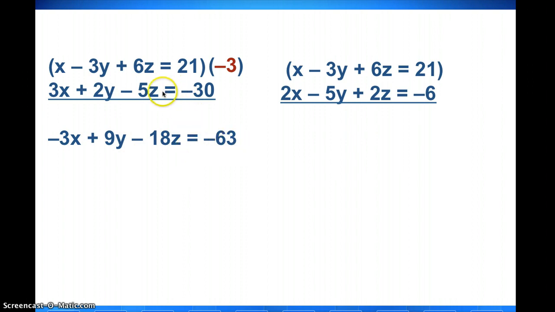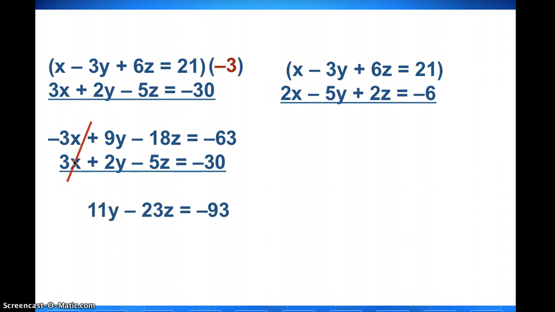Now I'm going to rewrite equation 2 down here. Because they have opposite signs, we can just add the equations and eliminate x. So negative 3x plus 3x is eliminated. 9y plus 2y is 11y. Negative 18z minus 5z is negative 23z. Negative 63 plus negative 30 is negative 93.